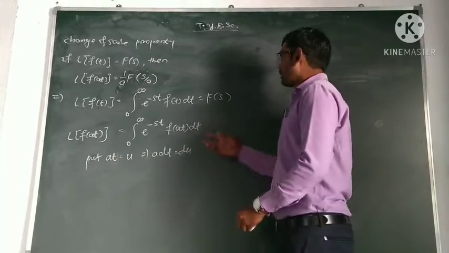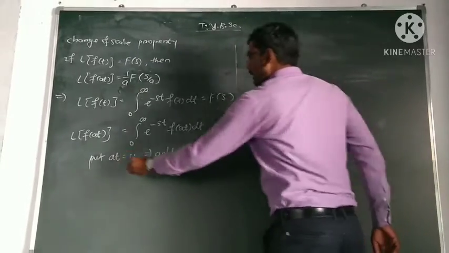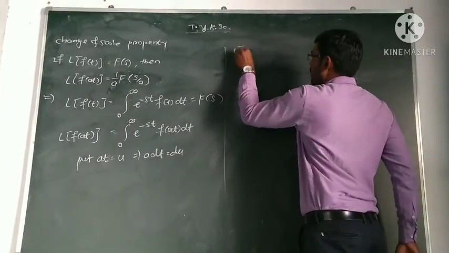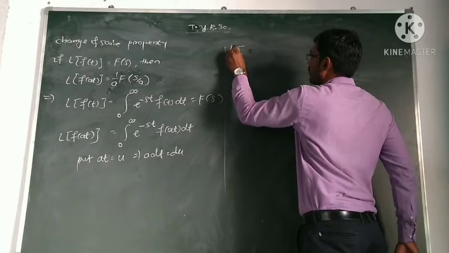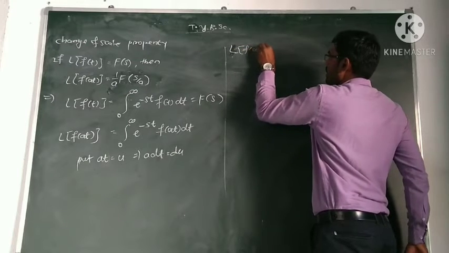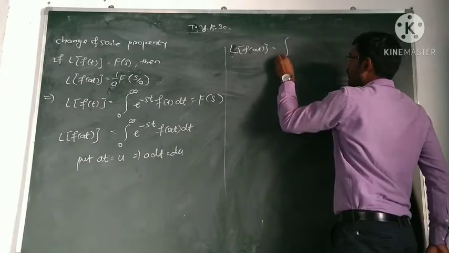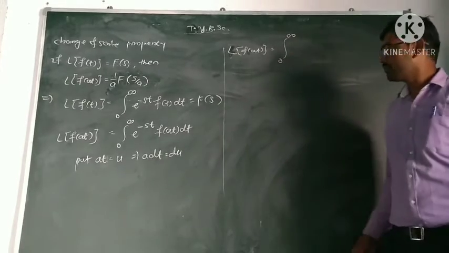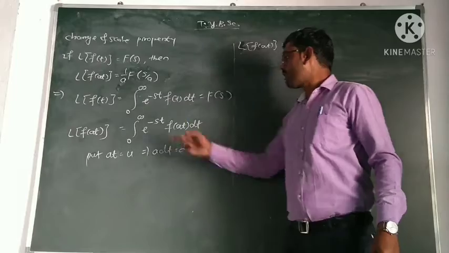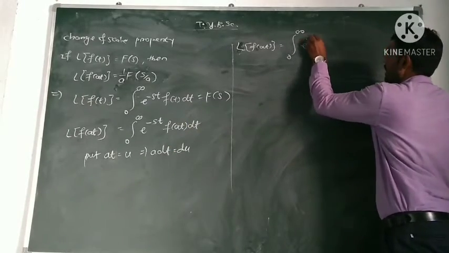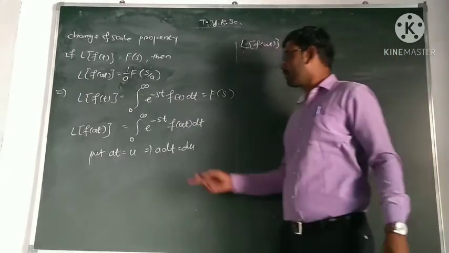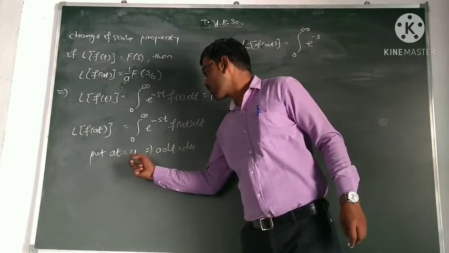So this implies the Laplace transform of f of at is equal to the integral from 0 to infinity e raised to power minus s into t. From this, t is equal to u upon a.